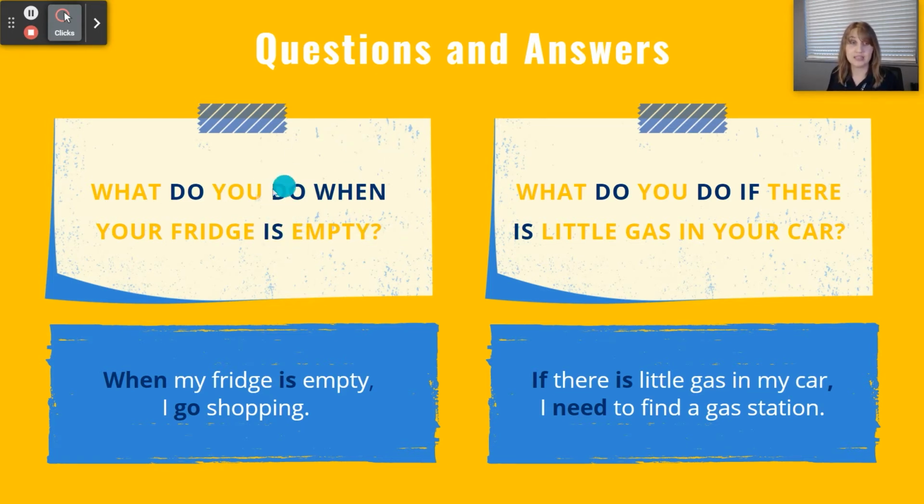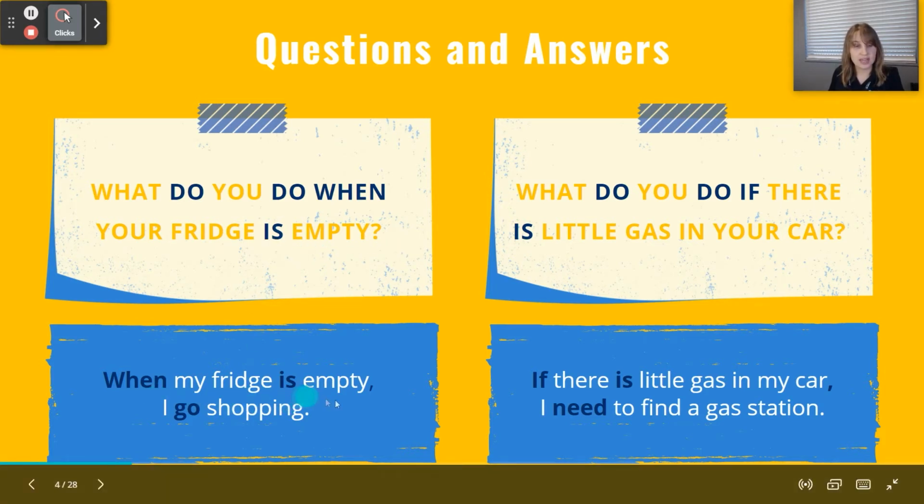So we have present simple forms and the conjunction when. And the answer: when my fridge is empty, comma, I go shopping. So I have when, I have present simple, I put a comma, and I use present simple.